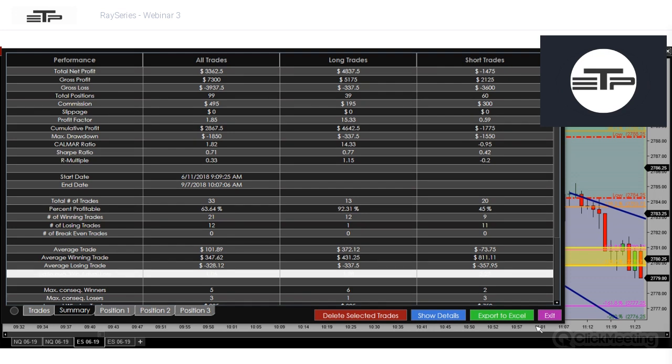Okay, so on Tuesday, we're going to put it all together, and I'm going to show you the entry, and we're also going to discuss the system settings. So what settings do we have, and how do we enter trades? And at the end of it, you're going to get the trading plan for the Ray Retest system.